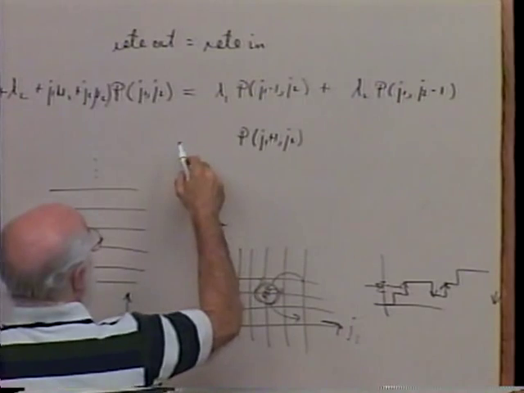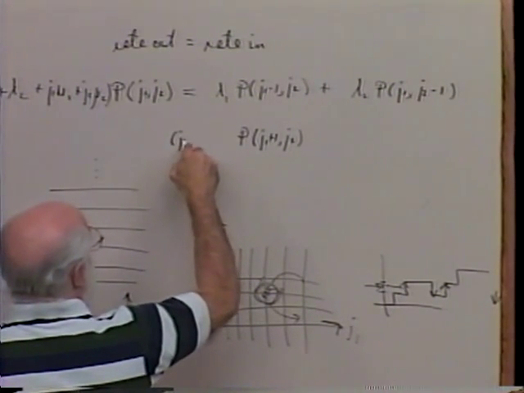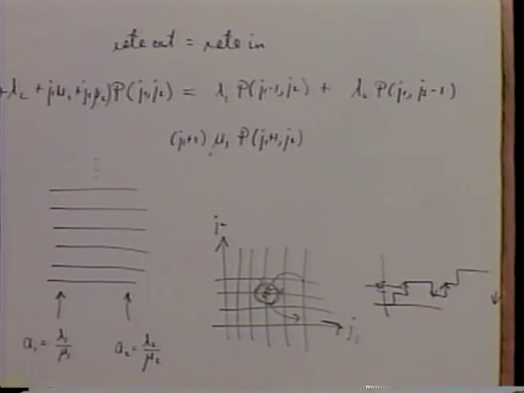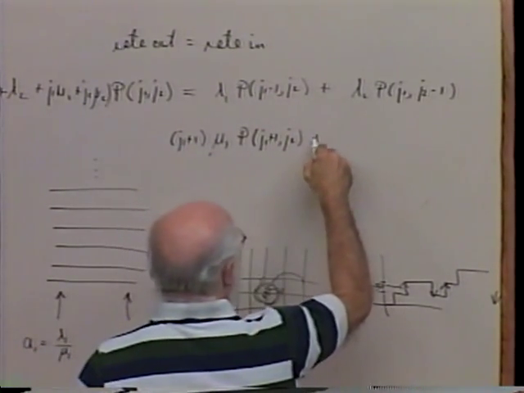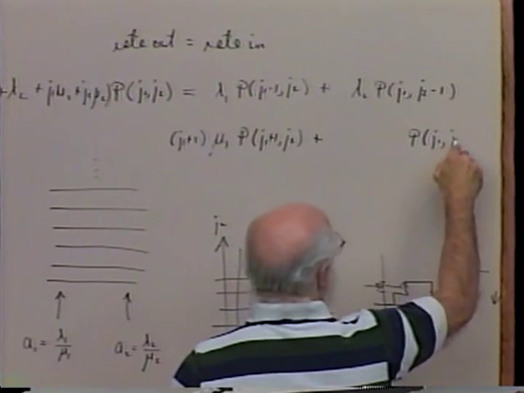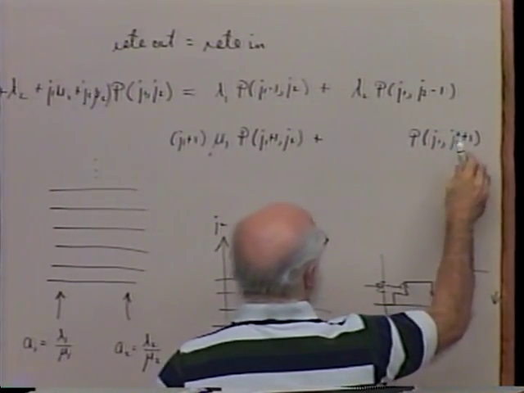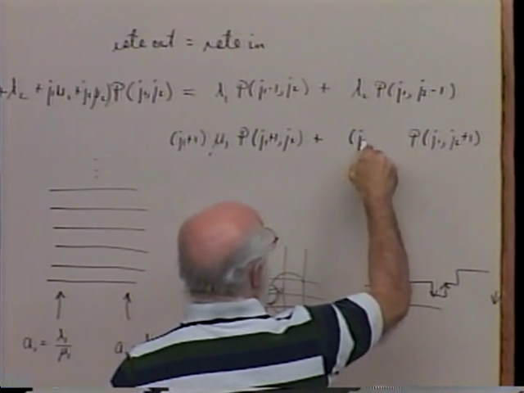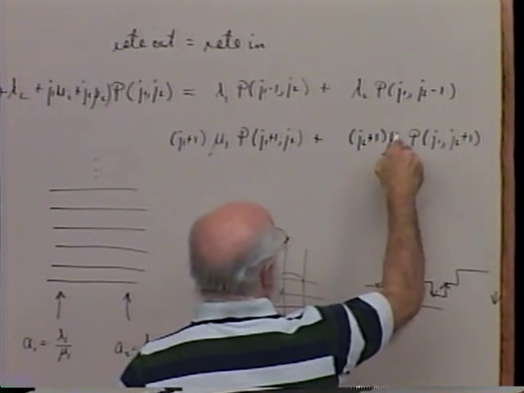The rate at which that occurs would be J1 plus 1 times mu 1. And similarly, I could be in state J1, J2 plus 1, and have a departure from stream 2. The rate at which that occurs would be J2 plus 1 times mu 2.